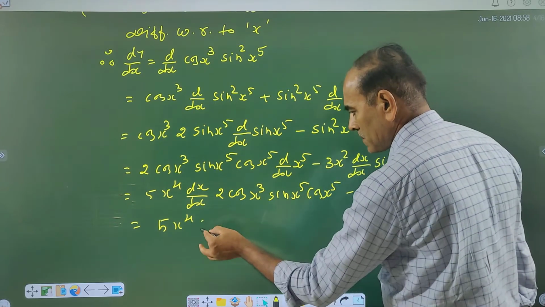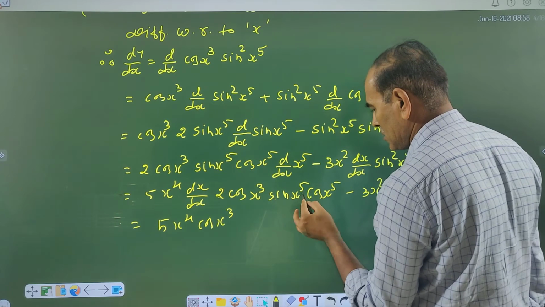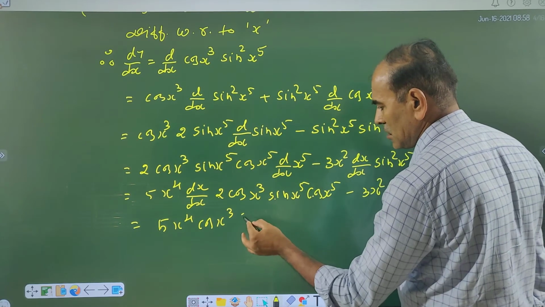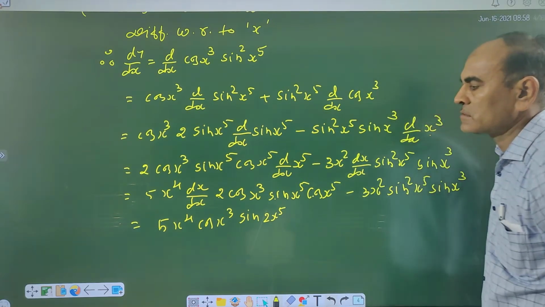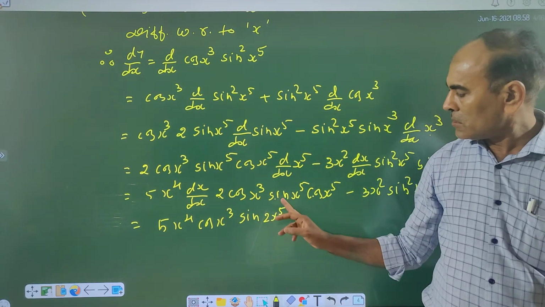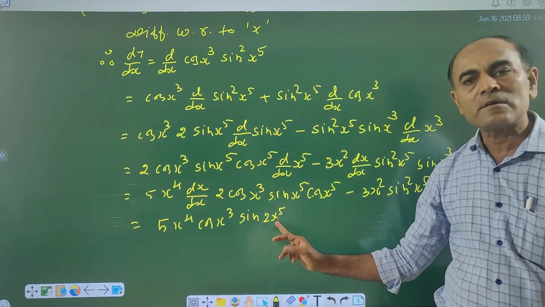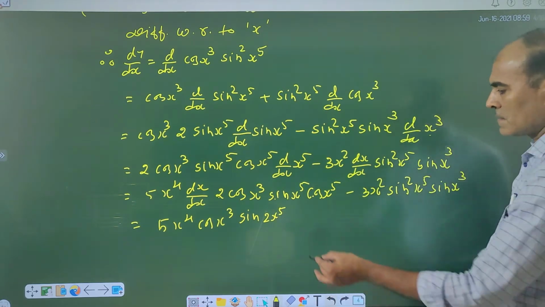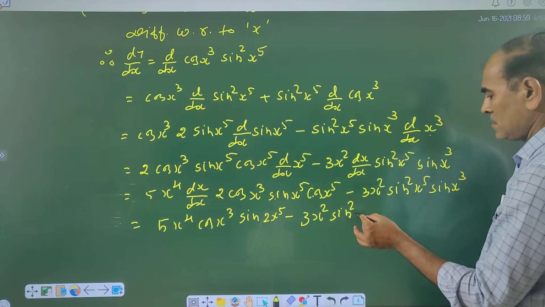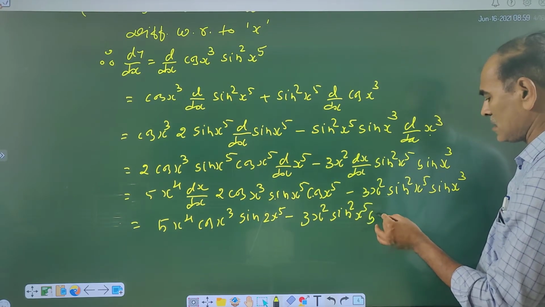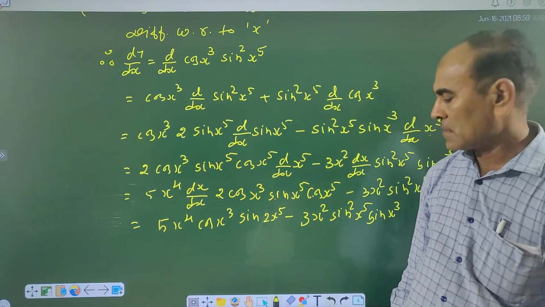Now see, cos x cube, 2 sin theta cos theta is sin 2x raised to 5, 2 sin theta cos theta is sin 2 theta, minus 3x squared sin square x raised to 5 sin x. This is the answer. Okay.